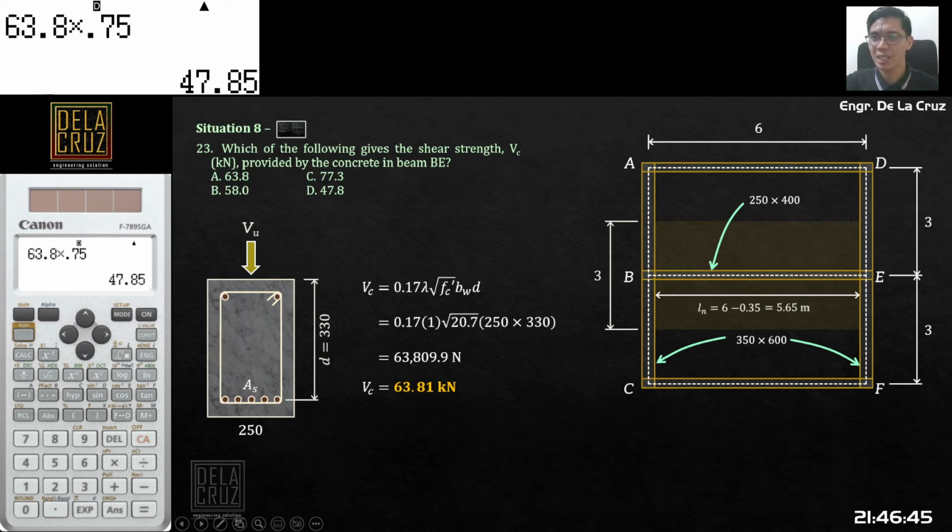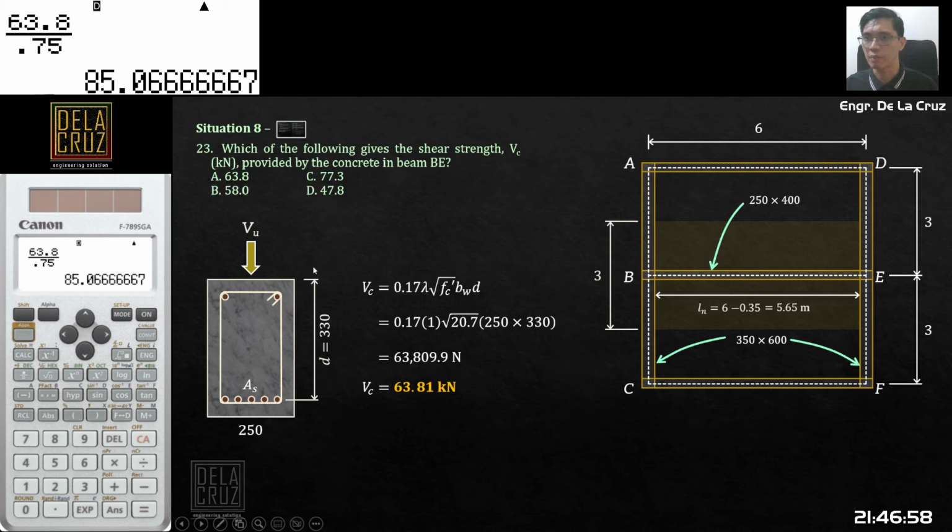So, itry na natin i-divide naman si reduction factor. May lalabas ba? 63.8 divided by 0.75. Tingnan natin. 85. Wala naman. Okay, so take note, pag nilagyan natin siya ng phi, design shear strength of concrete yan. Dito indicate talaga VC lang, shear strength VC. So walang phi yan dapat.